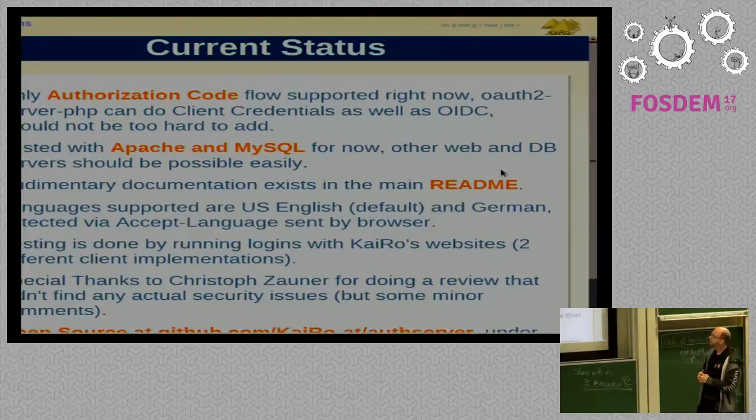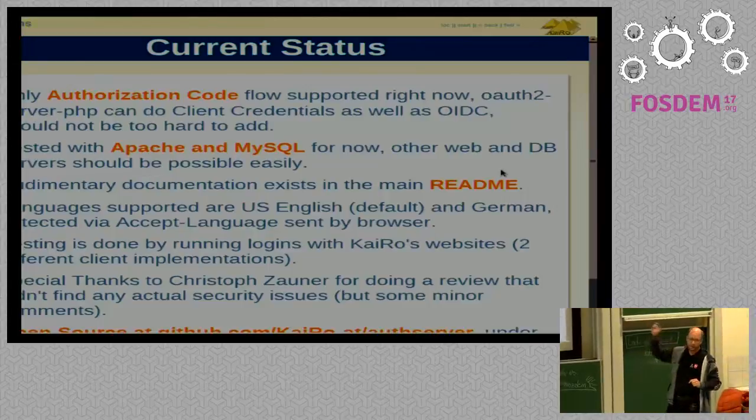The client credentials flow, which is a bit less secure and doesn't have this flow over the server in there, but that makes it less secure because it only works between browser and authentication server. That is not supported yet, but the library can do it, so it should be easy to add. The OpenID Connect stuff is also supported by the library, so it's just a question of adding it.